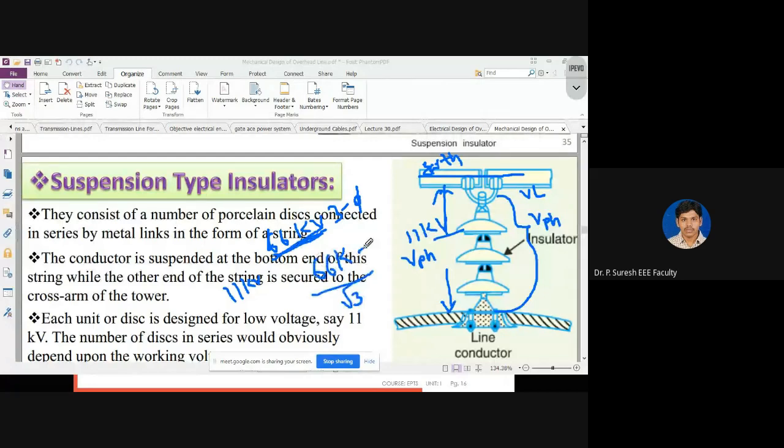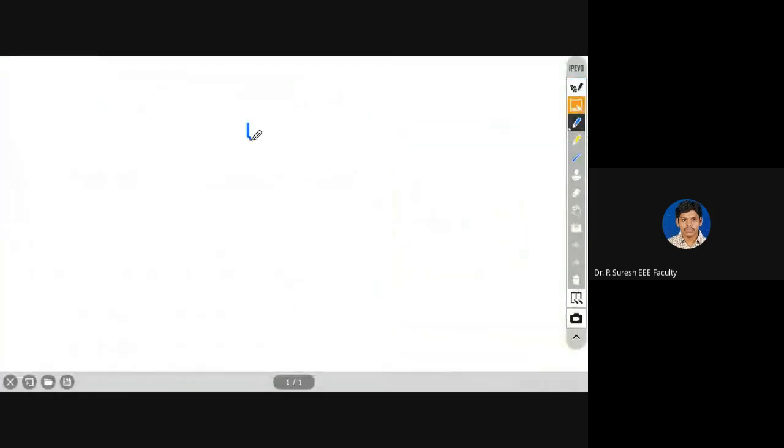Approximately, can anyone tell me what is the value of 66 k by root 3? 38.10 kV. So this is the actual phase voltage.